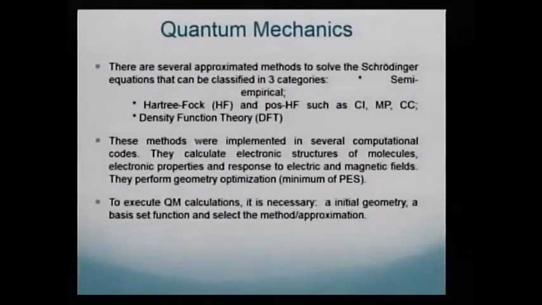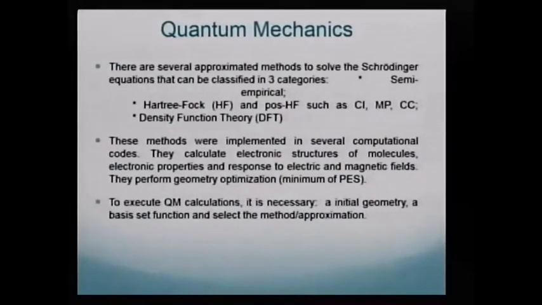We have several codes that have the methodology implemented, and the idea is to calculate the electronic structure and the electronic properties. And most of the time, we look at the optimized geometry. But then to execute a quantum mechanical calculation, I know that everybody here already did one, we need a geometry, we need a basis set, and we need the method that we are going to use to solve the Schrödinger equation.